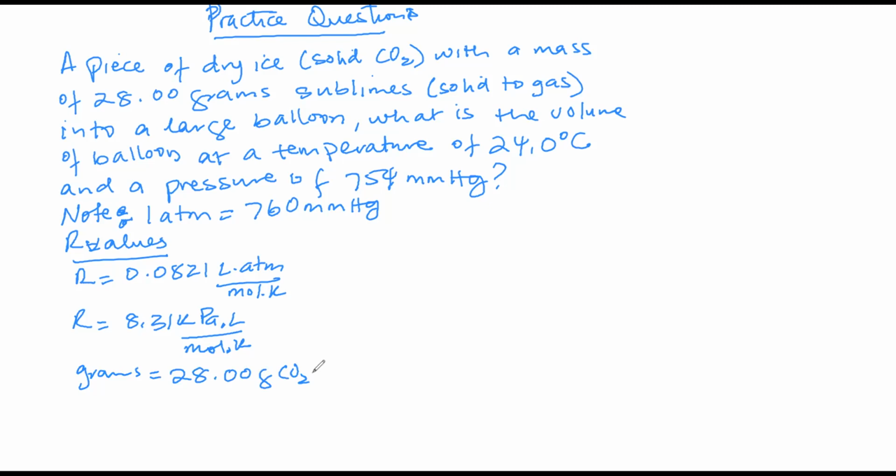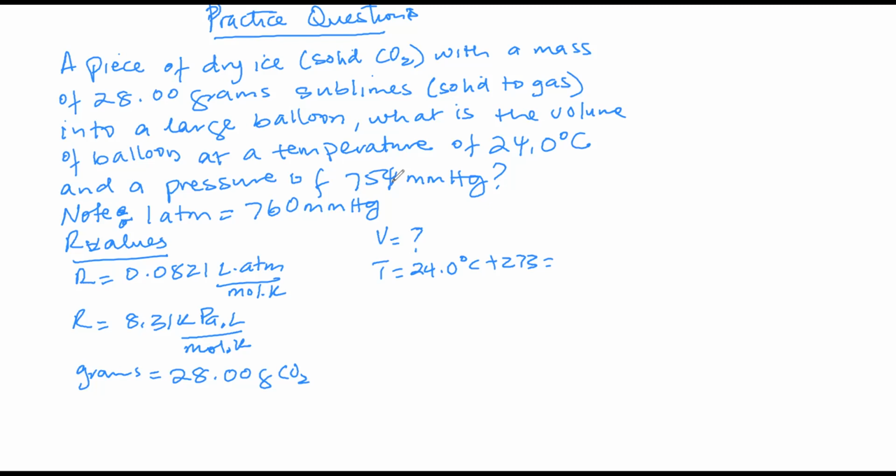And then into a large balloon, what is the volume of the balloon? Volume of balloon, we don't know. At a temperature of 24.0 degrees Celsius, which we must convert to Kelvin. And the pressure of this. Wow. A lot of conversion here.